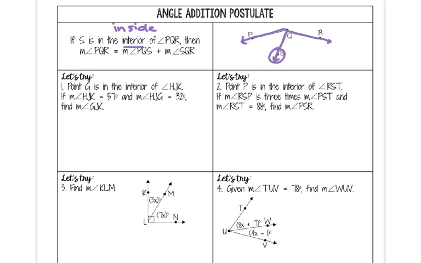Then the measure of angle PQR, so that's the entire angle here, is going to be equal to the measure of angle PQS, and PQS is this angle, plus the measure of angle SQR. Now that M means measure of angle.